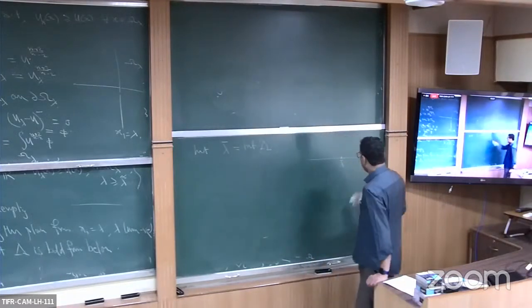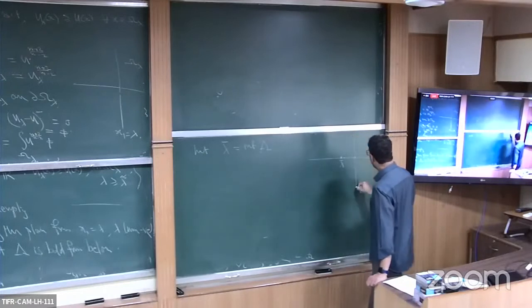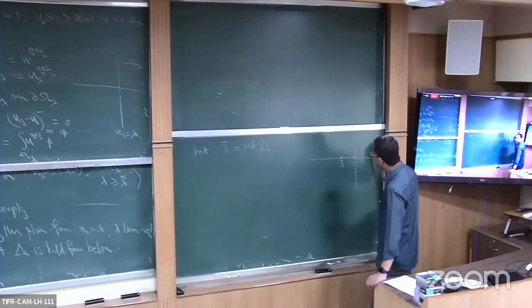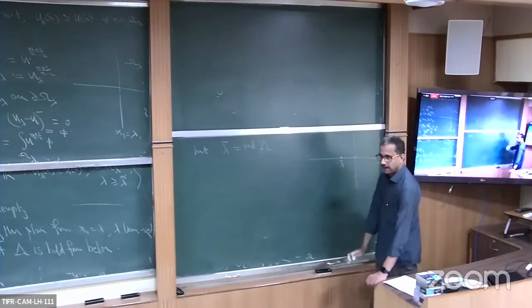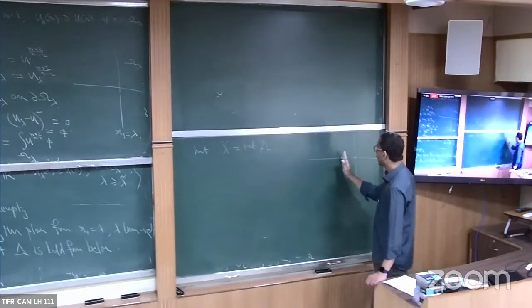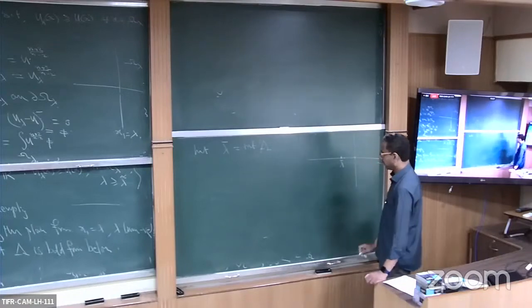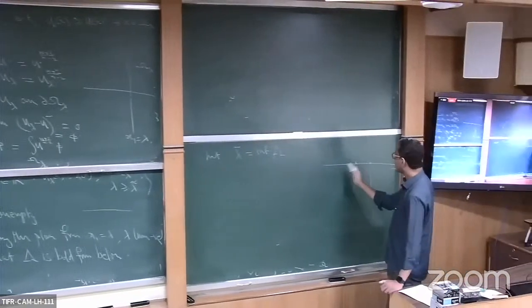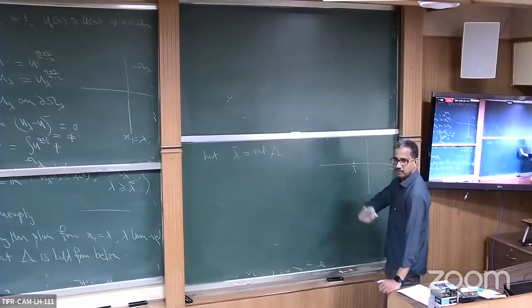What does it mean? If I take any point here and you take the plane and reflect it, the reflected portion is going to be bigger, for anything to the right of that. And this is the last point for which it is going to happen. So when that happens, then you expect that it is going to be symmetric in this way.